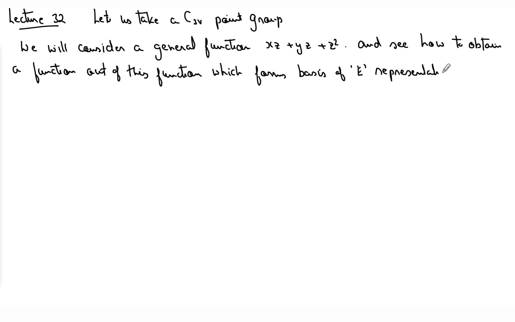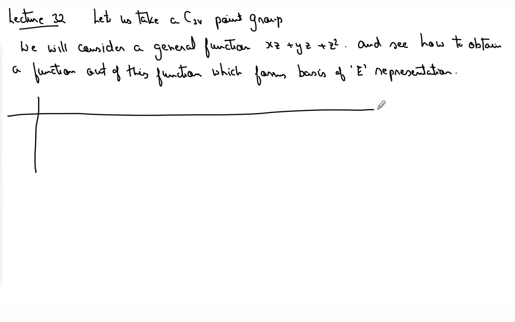This E is the Mulliken symbol E, not the symmetry element or symmetry operation E. So let us first write down all the matrix elements for the E representation for the C3v point group.